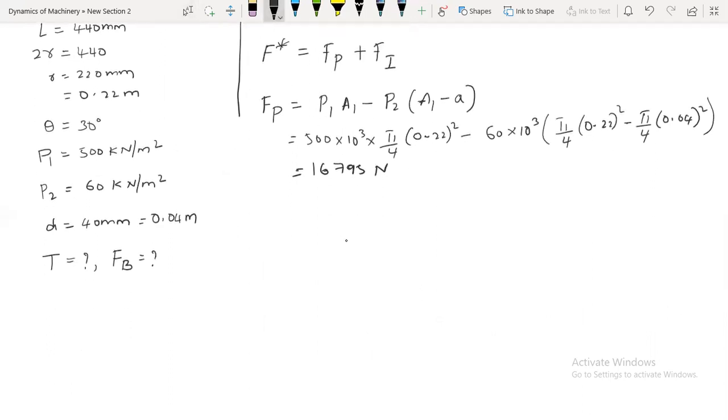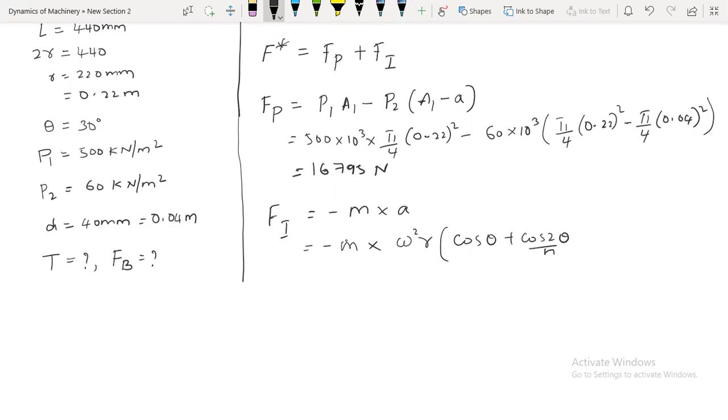So similarly, if I find what is Fi, so Fi is the inertia force, which is nothing but minus m into a. Okay, minus m into a. So what this minus sign represents here is that Fi is acting opposite to the accelerating force. Okay. So now this is equal to minus m into a, where the acceleration is given by omega square into r into cos theta plus cos 2 theta by n.